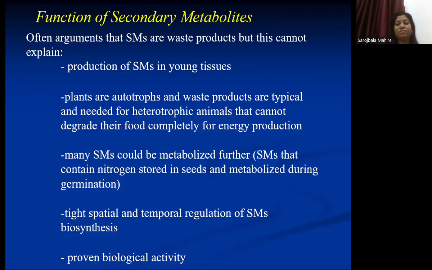Plants are autotrophs, and waste products are typically made by heterotrophic animals that cannot degrade their food completely. Many secondary metabolites can be metabolized further. Once one secondary metabolite is made, in the next step another secondary metabolite can be found.